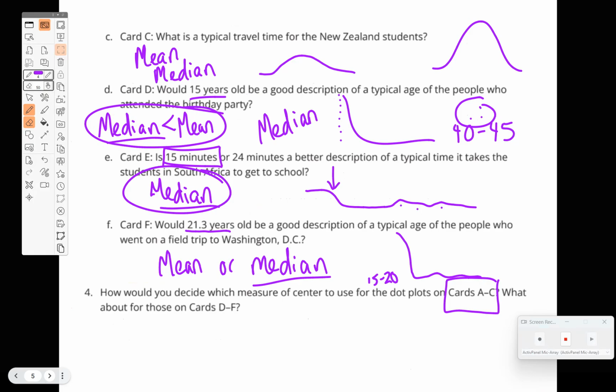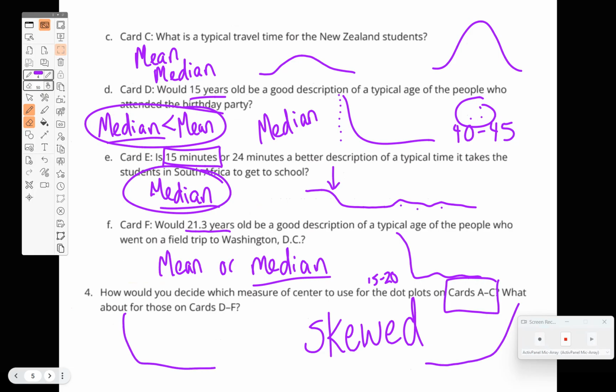Do you see the difference between these cards? Yeah. Okay, when your distribution is more symmetrical, like that bell curve that we've talked about, you can use either the mean or the median. But when you have one side, they call it skewed. Skewed data, where you're heavy on one side or you're heavy on the other side, then your median's probably better.